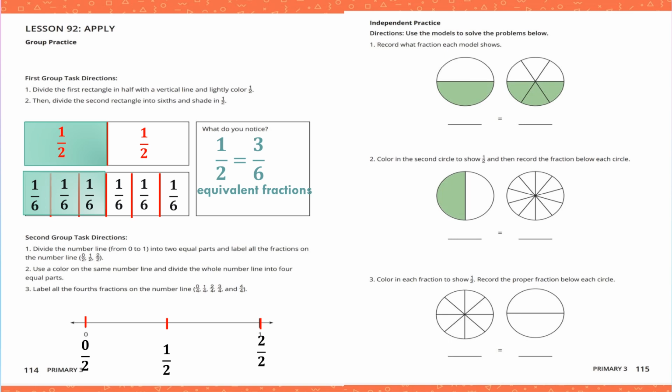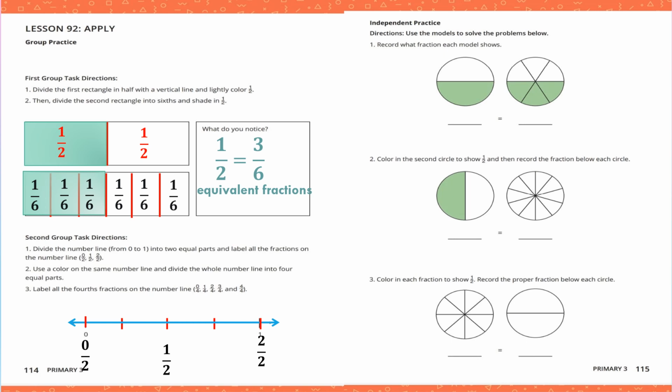Number 2, use a color on the same number line, like this, and divide the whole number line into 4 equal parts. So I will make 3 dashes. 1, 2, 3.